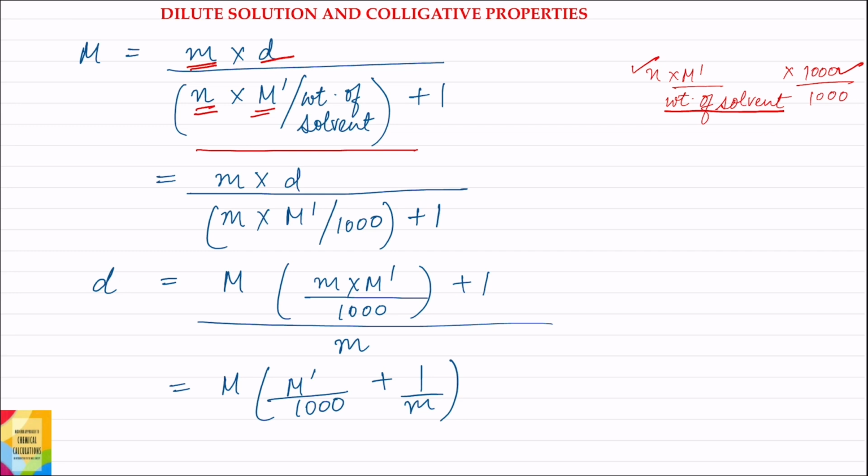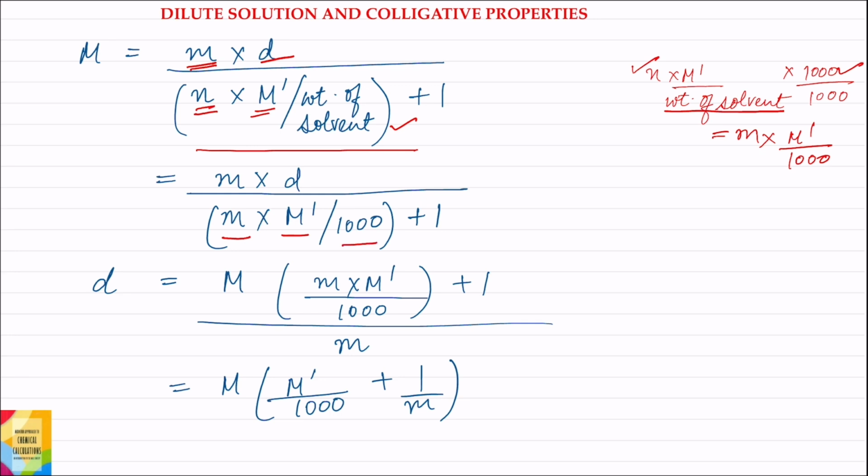So n divided by weight of solvent and this 1000, this will give again the molality, and the remaining is molecular weight of the solute divided by 1000. So this bracket becomes m into m dash divided by 1000.